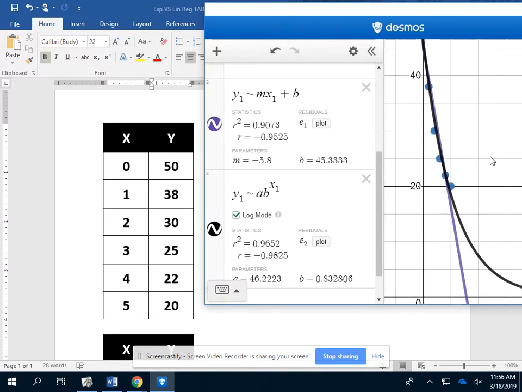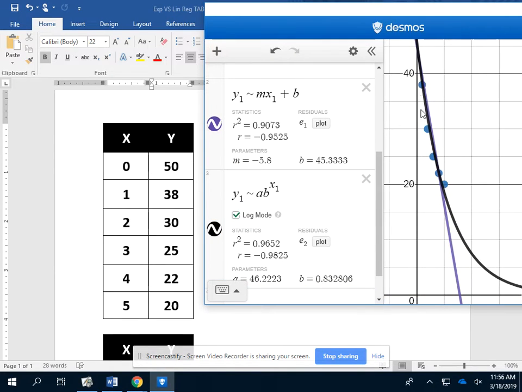So now let's take a look. We can visually see that our black line definitely is exponential decay, and it's starting to follow those blue points. But how do we know which one's better? We know which one's better by looking at the R value. So we already talked about our R value up here, negative 0.9525, versus our new R value for exponential is negative 0.9825.